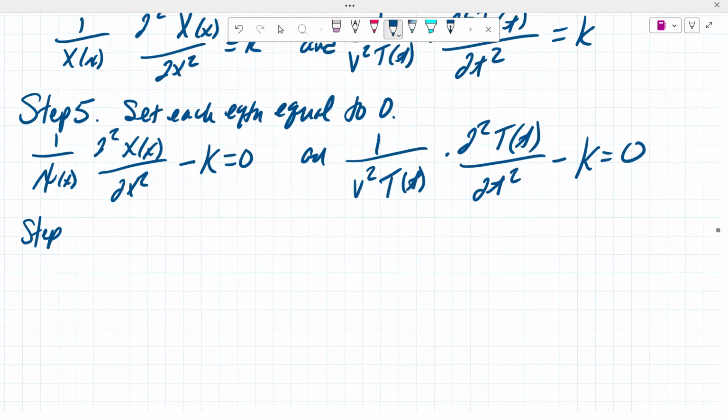That's the homogeneous part of the equation. So now they're equal to 0, but they don't have leading coefficients of 1. How would you do that? Let's take a look at the left-hand side first. We'd multiply by X(x) on all the terms.